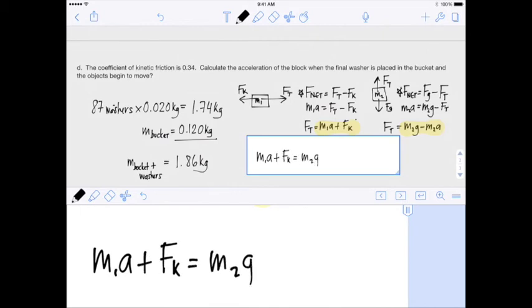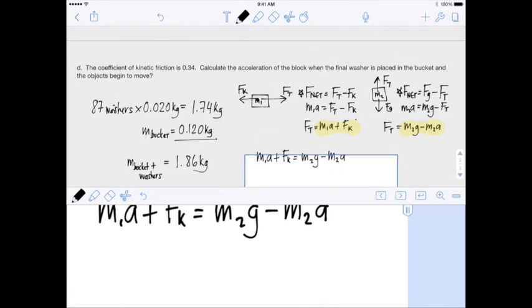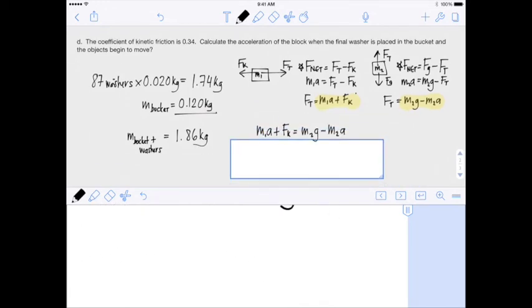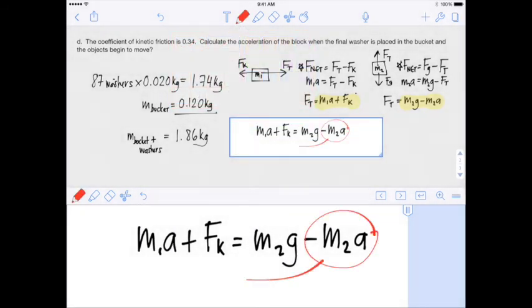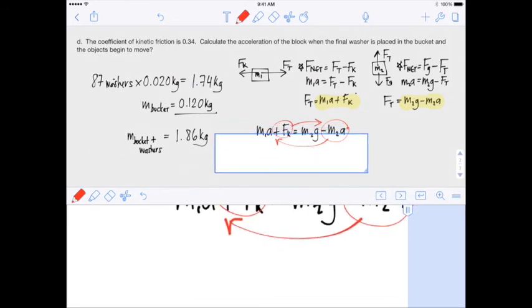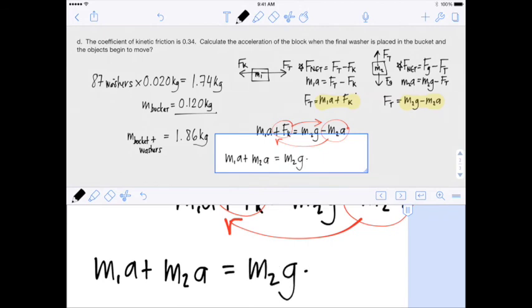M2G minus M2A. In order to solve for the acceleration of the system, we have to group like terms. So we're going to bring all values with a to one side and move anything that is not an a from that side. So we end up with M1A plus M2A equals M2G minus Fk.